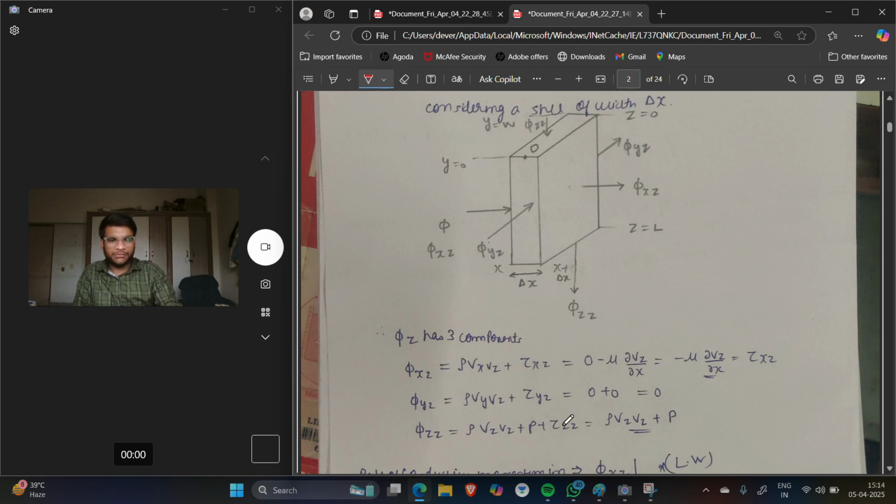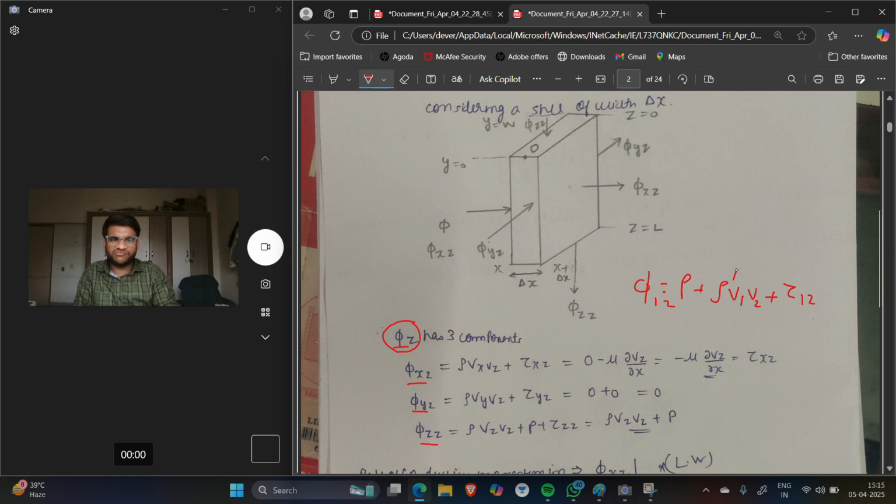This one I have only considered phi z, as there is motion only in z direction. Now phi z will have three components: phi xz, phi yz, and phi zz. And I hope you know that total momentum flux phi can be written as pressure plus rho v1 v2, if I write it as phi 1 2, plus tau 1 2.